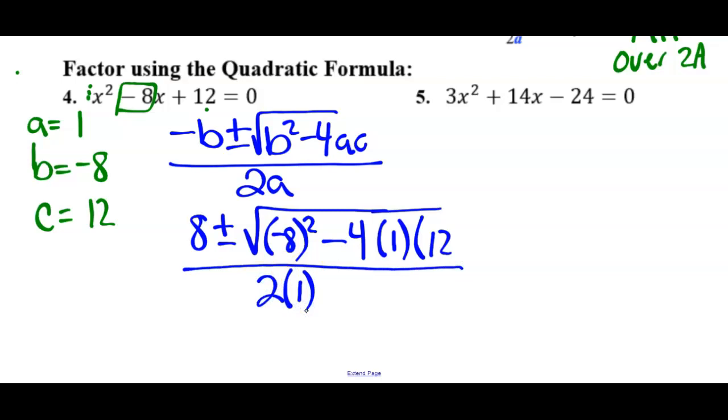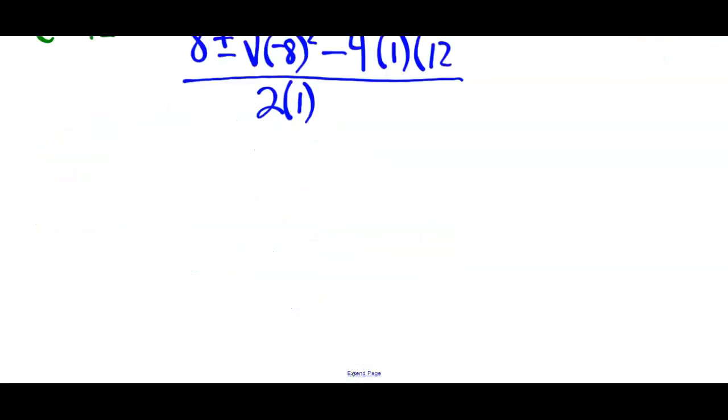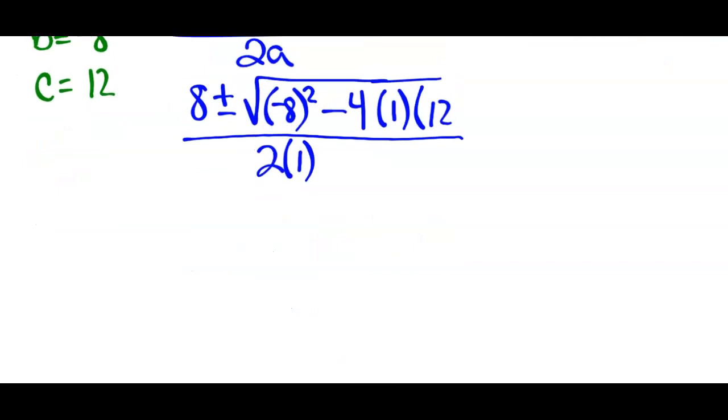All right. So now you've got to keep going. You've got to simplify. Now we have to use good order of operations. I'm not doing anything with the 8 plus or minus. Bring that down. I need to do what's underneath the square root sign first. -8 squared is going to be 64, because -8 times -8.